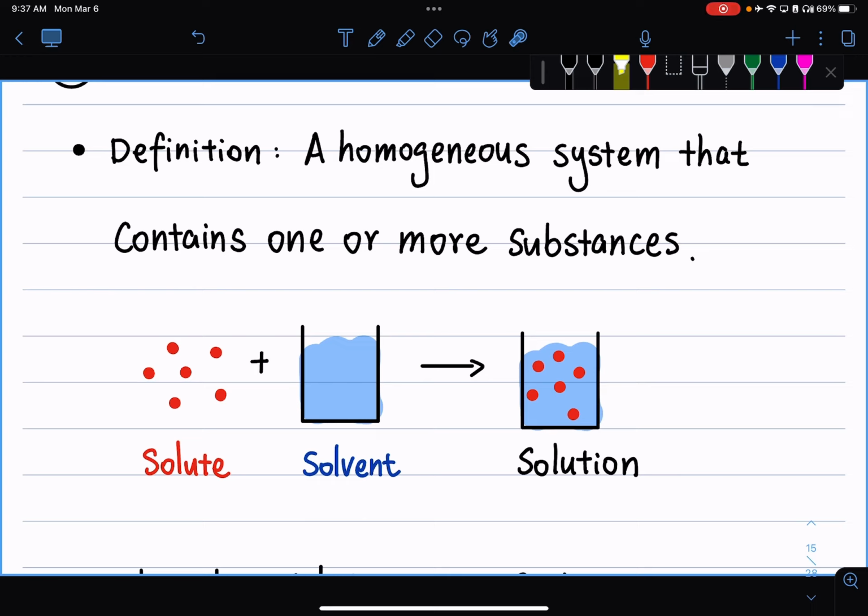What that means is, say we have solute in solvent. Let's use NaCl and water as an example. When you're dissolving NaCl in water, you get a solution where the NaCl is evenly distributed in your solvent. That even distribution, or homogeneous nature, is important when we say something is in a solution.